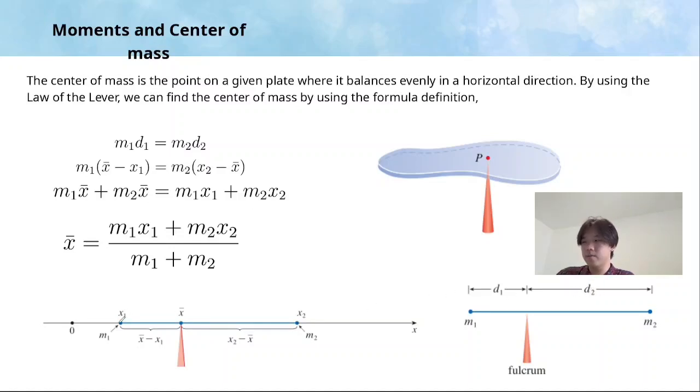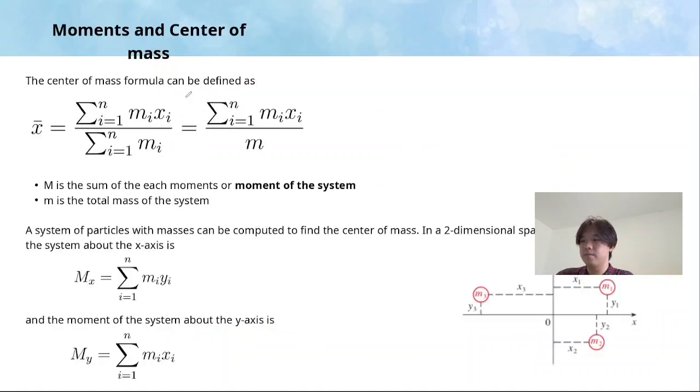With the center of mass at x bar, the distance to the first is x bar minus x1 and to the second is x2 minus x bar. Multiplying in and solving for x bar gives m1 x1 plus m2 x2 over the sum of the masses.